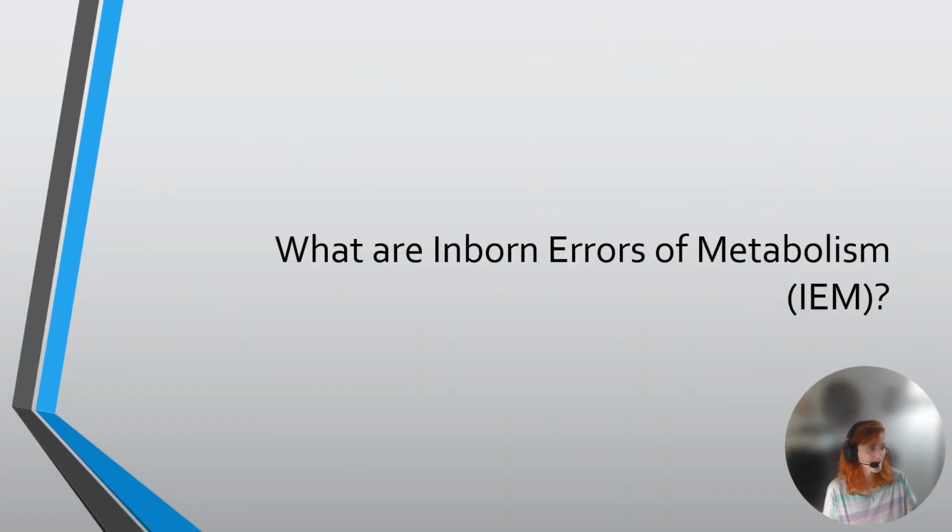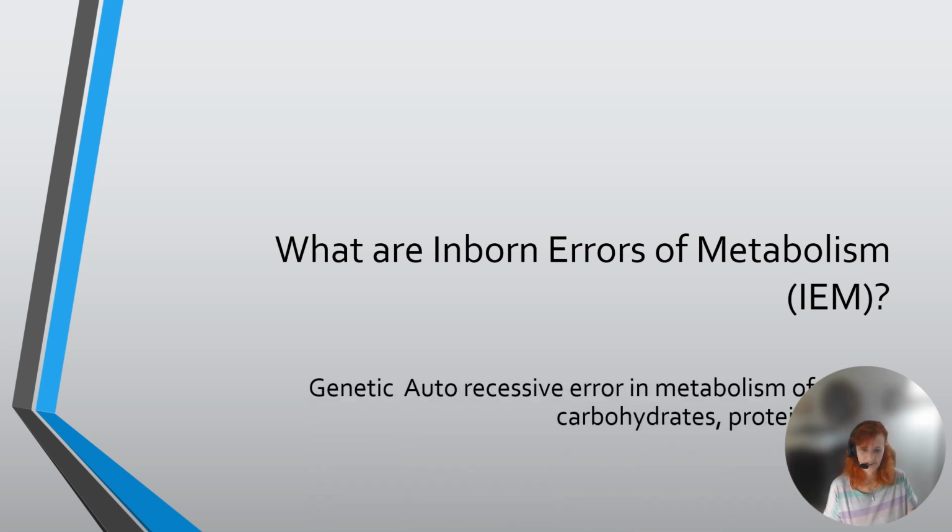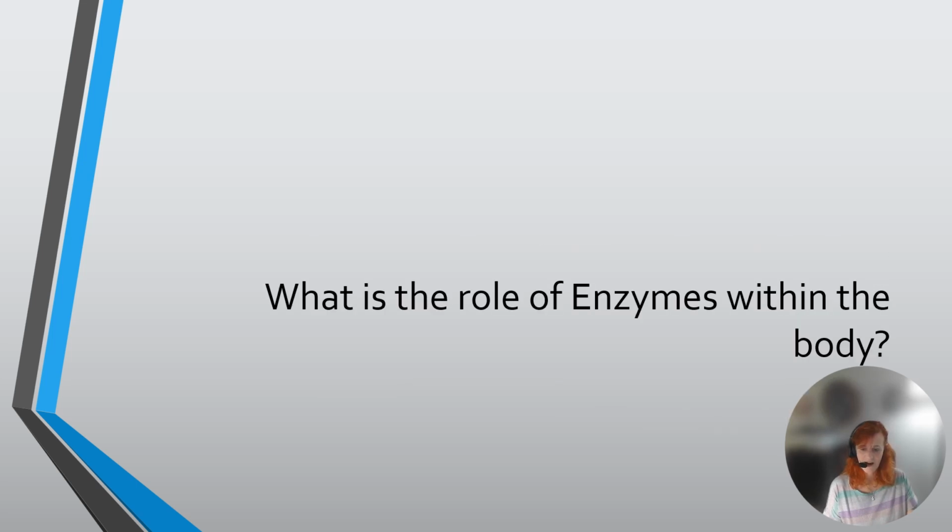All right, so what are inborn errors of metabolism? You got it: a genetic autosomal recessive error of metabolism of either your carbohydrates, proteins, or your fats. All right, and what is the role of enzymes within the body?